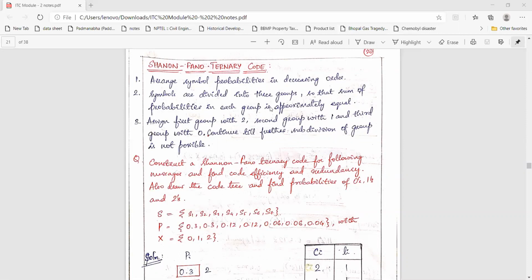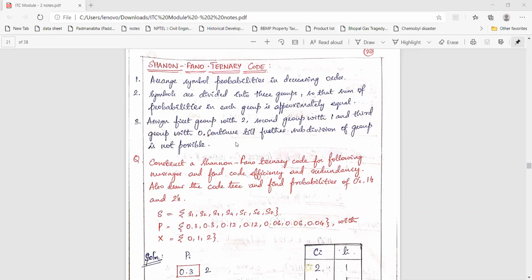We will continue this subdivision until no further subdivision is possible. So we go on repeating these steps until further subdivision is not possible.